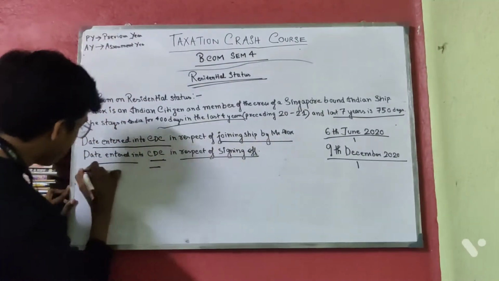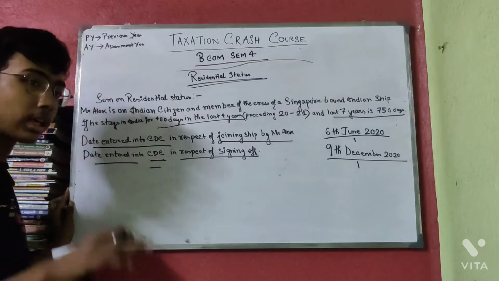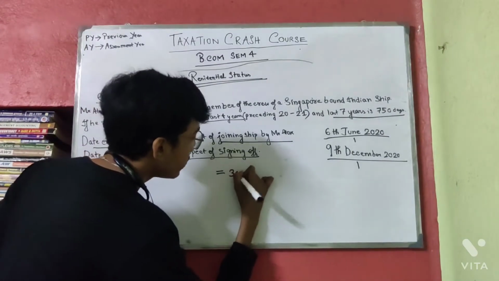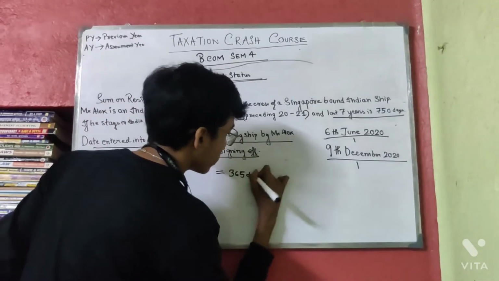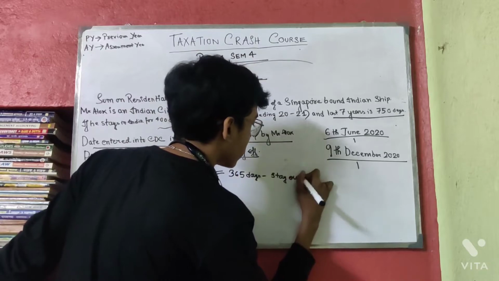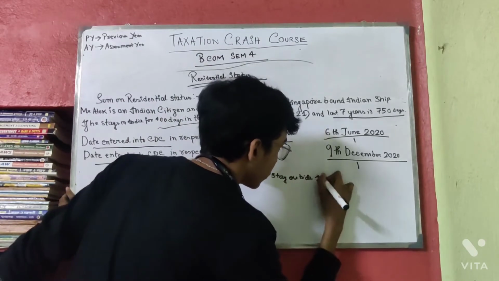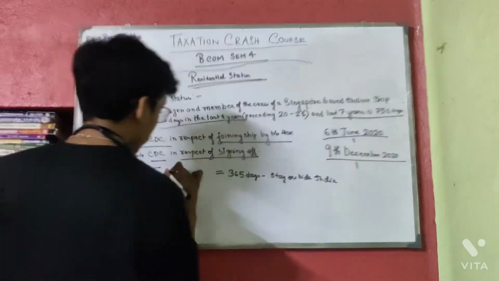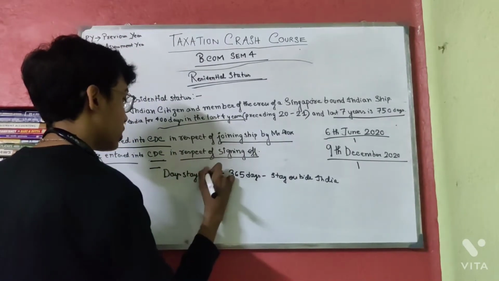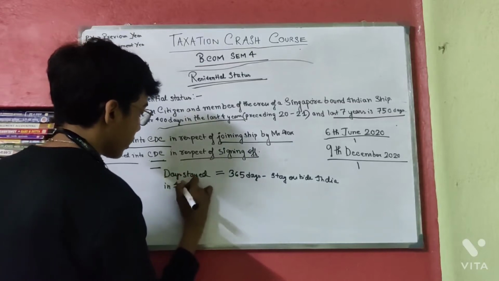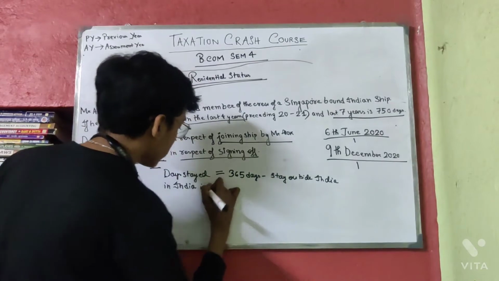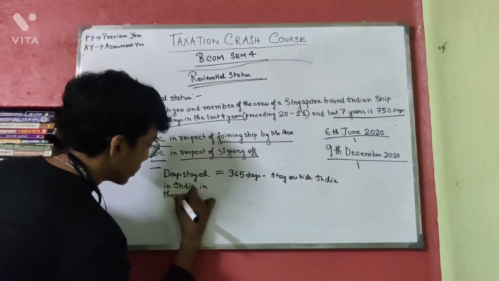For example, if you want to calculate the stay in India, we must do it like this: 365 days minus stay outside India equals days stayed in India in the relevant previous year.